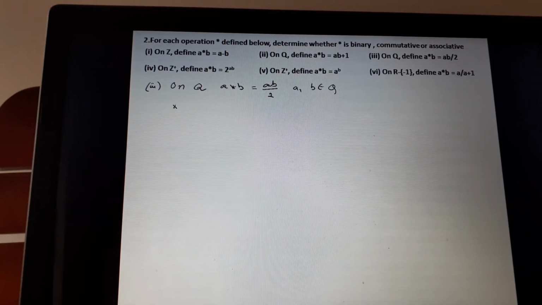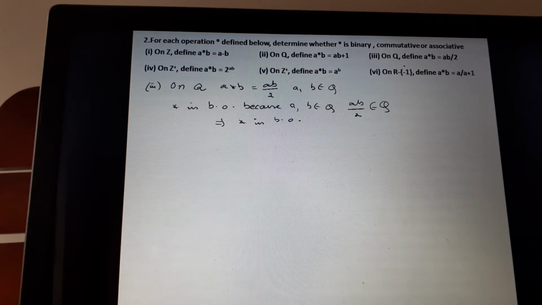Yes. So star is a binary operation because for any two A, B belonging to Q, AB divided by 2 definitely belongs to Q. The product of two rational numbers is a rational number, divided by 2 once again it is a rational number. So this element will be here only. So this implies star is a binary operation, no doubt.